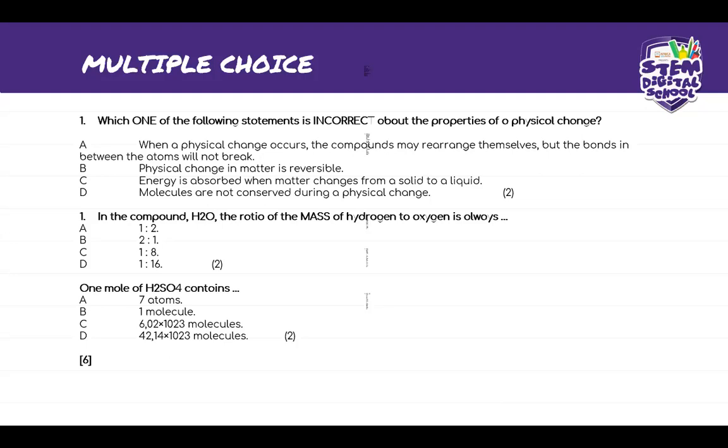And then on number three, we have 1 mole of H2SO4.